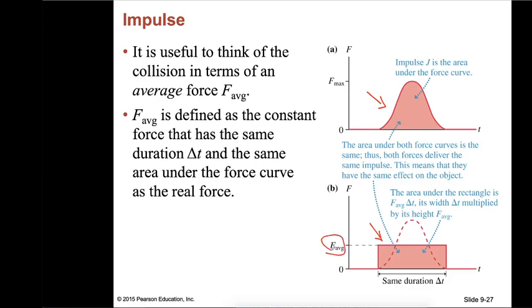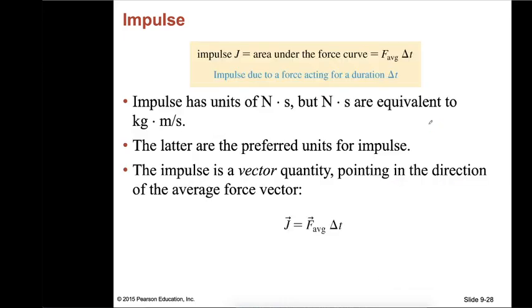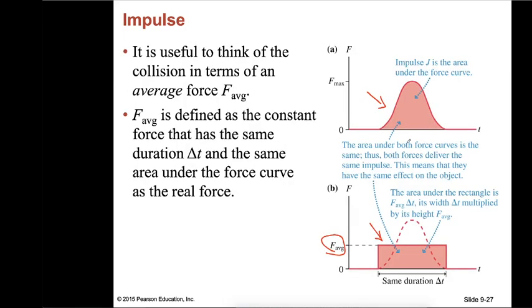This is the average force, because under this average force, at the same duration time, they have the same impulse. So impulse J equals the area under the force curve, or equals the average force times the duration time, because if you do a calculation, they are the same.